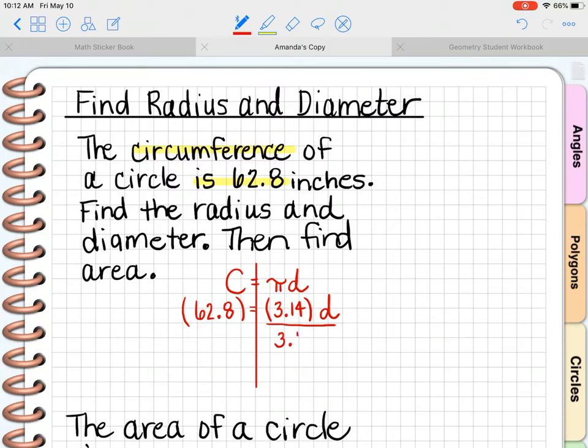The 3.14 has become a coefficient there, and I need to get it out of there. So in this situation, we're going to cancel. And D is going to be 62.8 divided by 3.14. And that comes up to be 20.